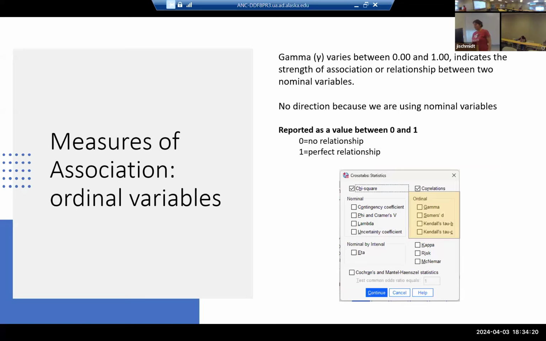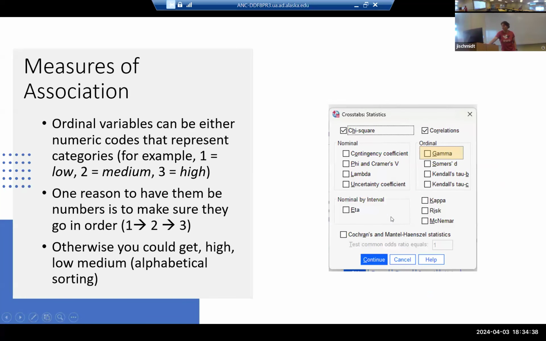Okay. And then for ordinal variables, there's the ordinal options over here. So gamma again varies from 0 to 1. The exact same thing, it's just a stat for ordinal. Okay. And remember how I mentioned the coding of text, low, medium, high, and how SPSS also assigns numbers 1, 2, 3.